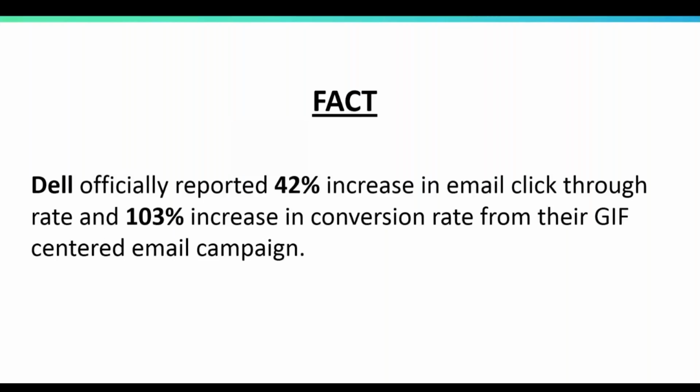In fact, Dell officially reported that they've been able to get 42% email click-through rates and a 103% increase as well, double the increase in conversion rate from their animated image-centered email campaign.